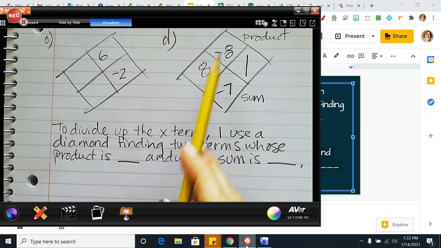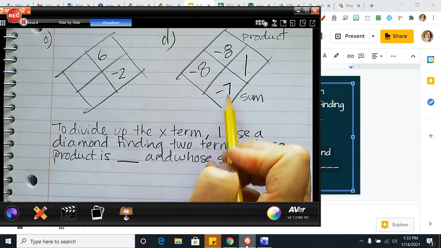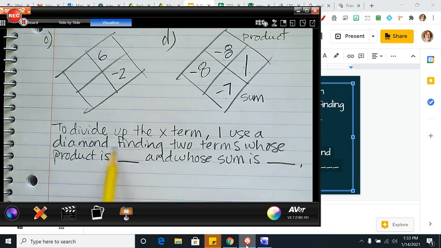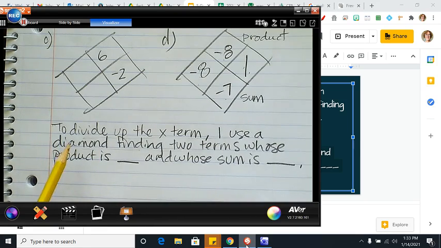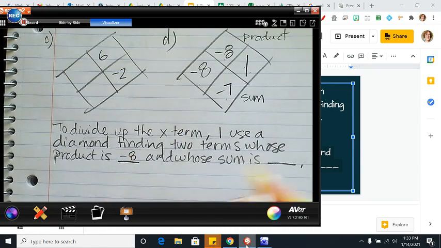It's got to be -8, because -8 plus 1 is -7. So I would fill in this sentence stem: to divide up the x term, I use a diamond finding two terms whose product is -8 and whose sum is -7.